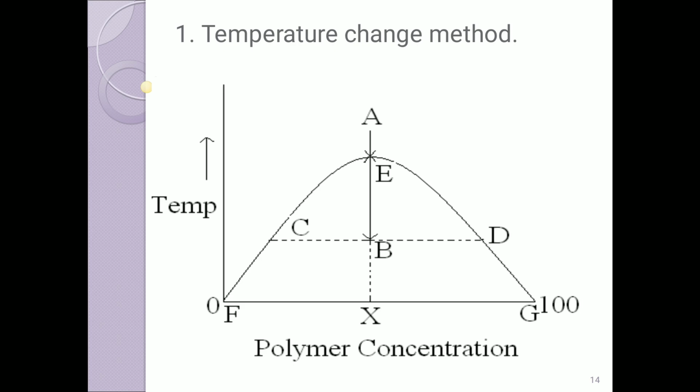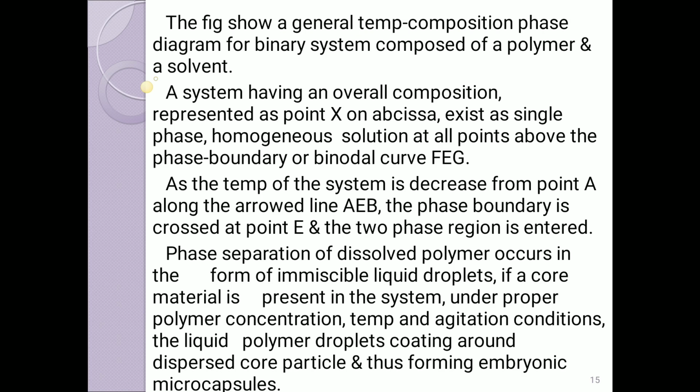If you see here AEB, on that line or above that is one phase system, meaning you cannot separate the polymer and solvent, but below it the separation of polymer and solvent is obtained. The phase separation of dissolved polymer occurs in the form of immiscible liquid droplets.